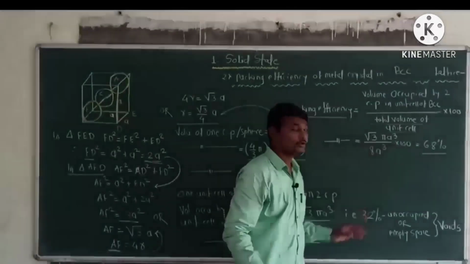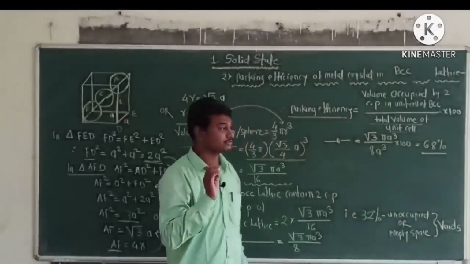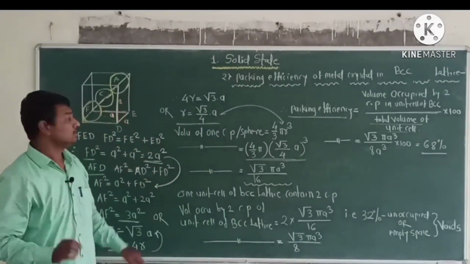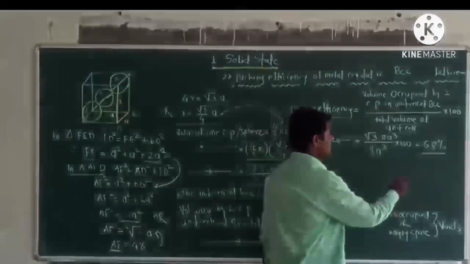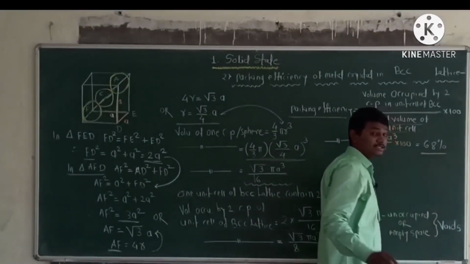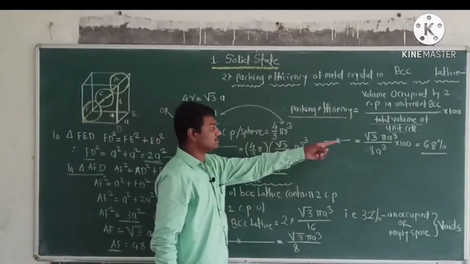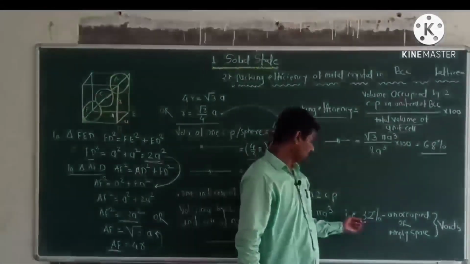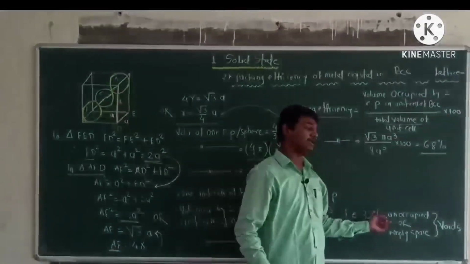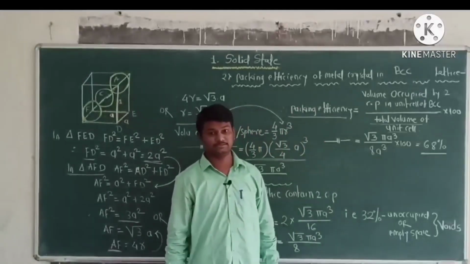Solve this equation. We get 68%. Hence in a BCC the constituent particles occupy 68% space. That is, the packing efficiency in a BCC lattice is 68%, and the remaining space, that is 32%, is unoccupied or empty space, which is called voids.